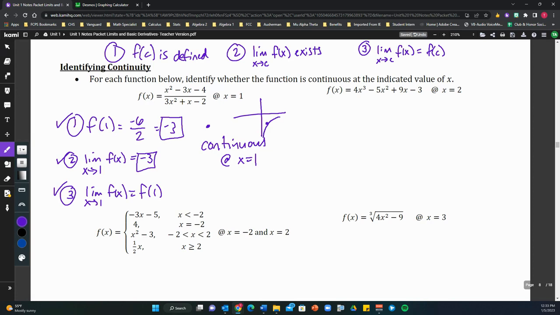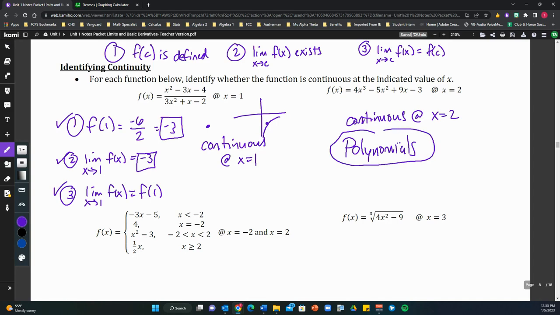All right, our second one, we've got f of x equals 4x cubed minus 5x squared plus 9x minus 3, and we're testing at x equals 2. Well, this one's pretty easy. This one we know to be continuous at x equals 2 because this is a polynomial function. And polynomials are the easiest of all the different functions that we work with.